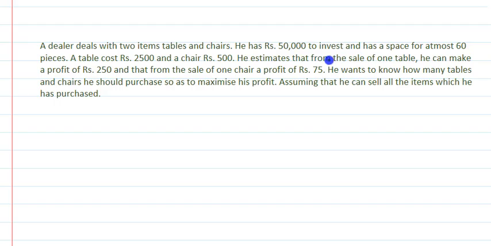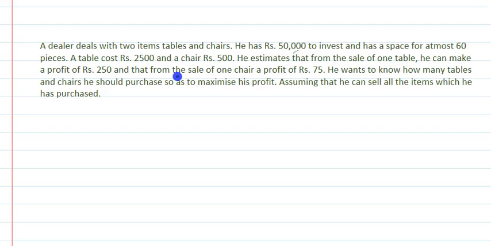He estimates that from the sale of one table, he can make a profit of rupees 250 and that from the sale of one chair, a profit of rupees 75. He wants to know how many tables or chairs he should purchase so as to maximize his profit, assuming that he can sell all the items which he has purchased.